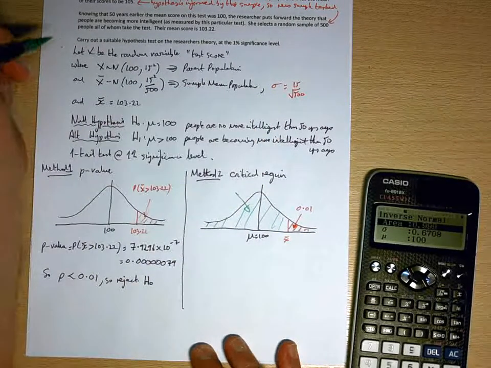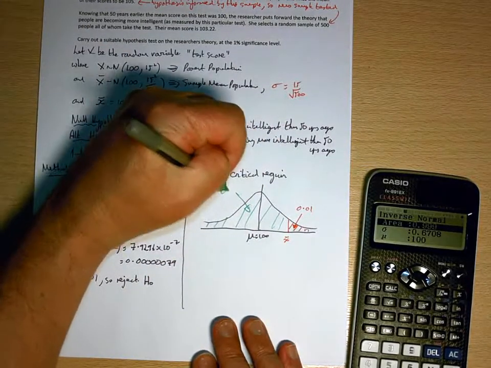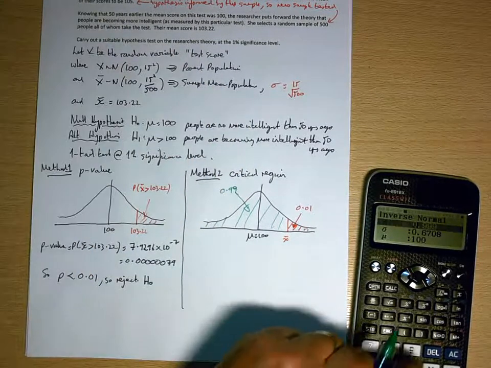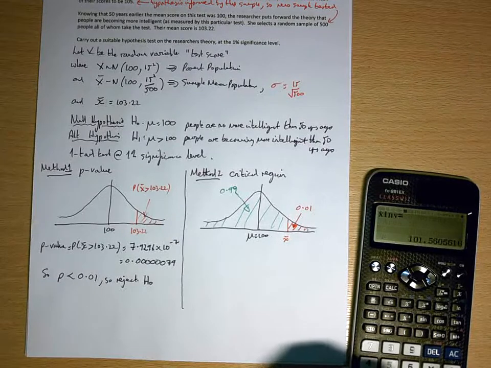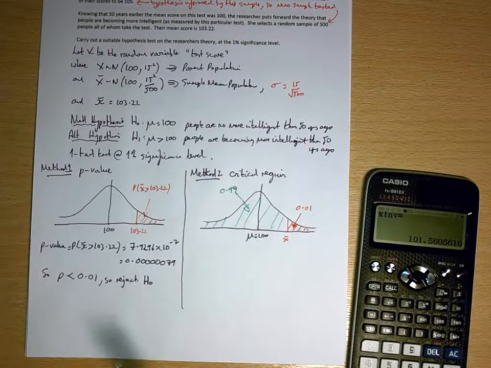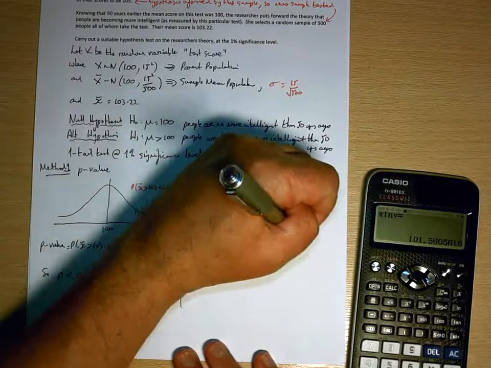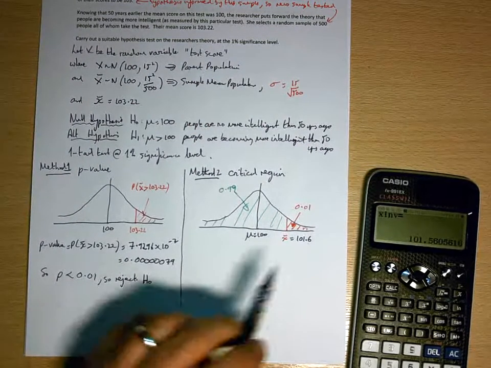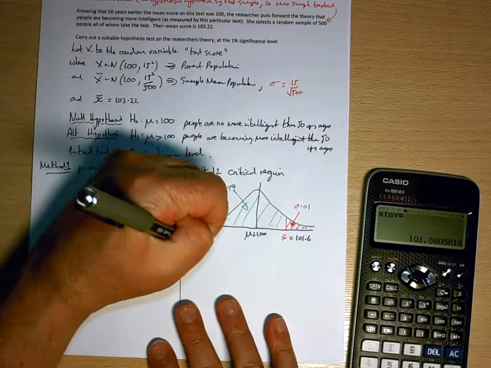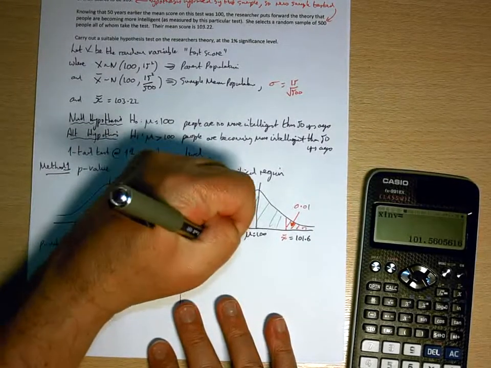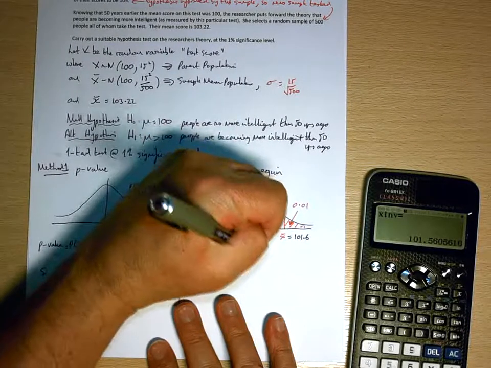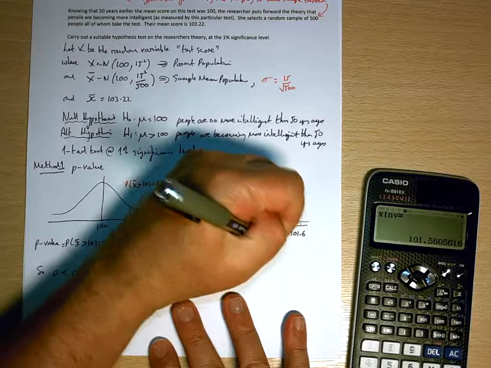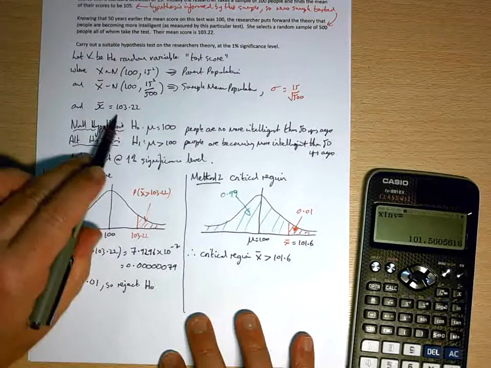What I'm actually going to be putting into my calculator is this green region, which is going to be 0.99. The rest of it remains the same, which gives me a mean value there of 101.6. So the critical region is such where the mean needs to be greater than 101.6.